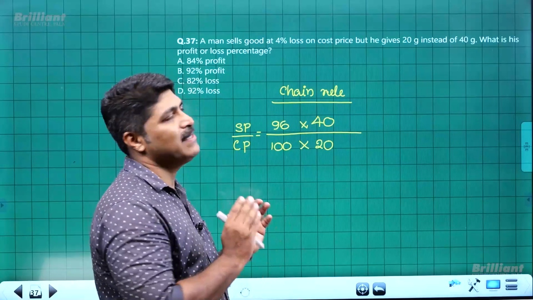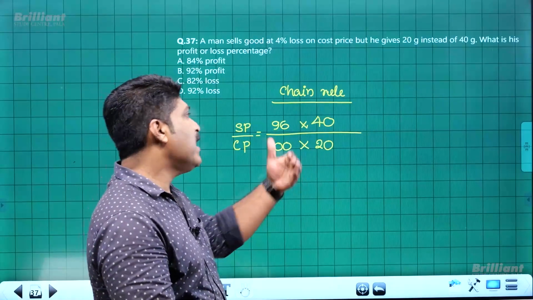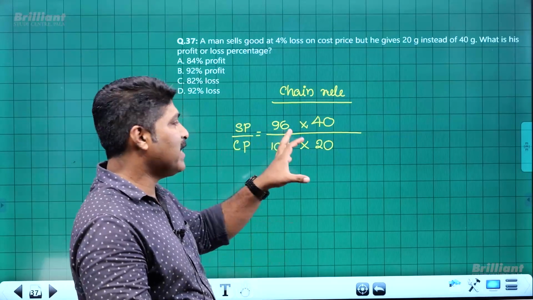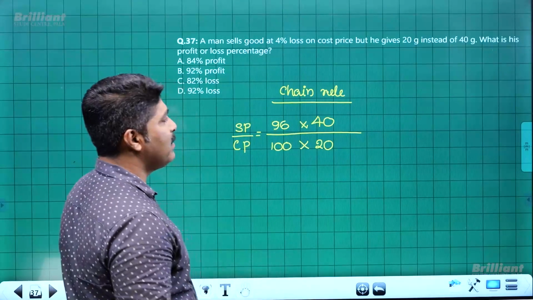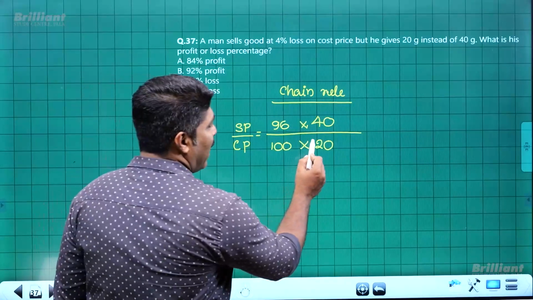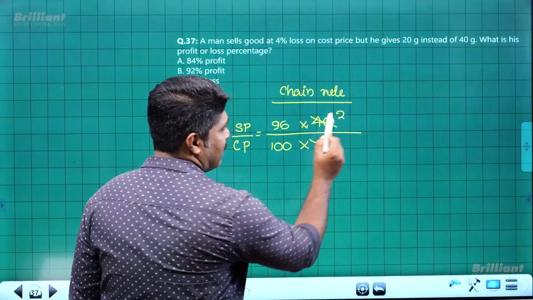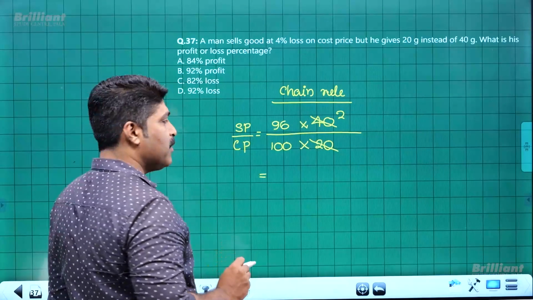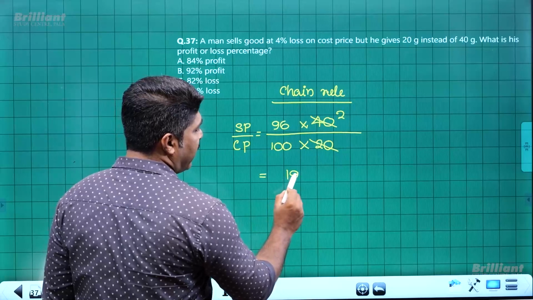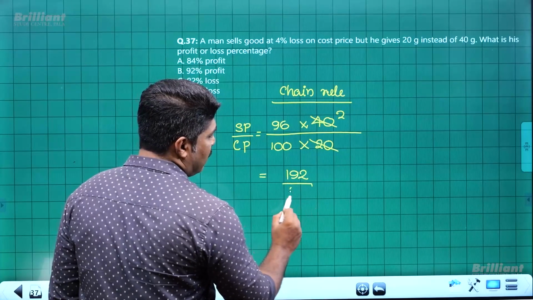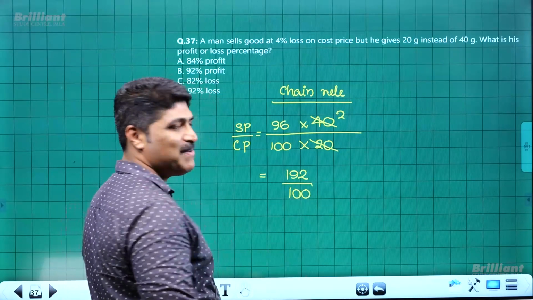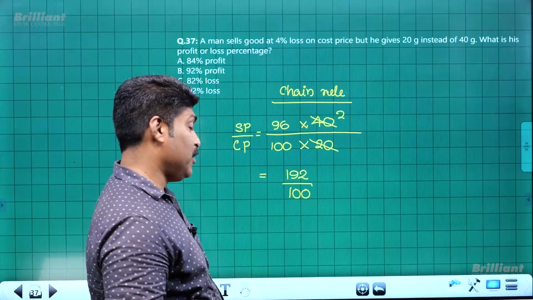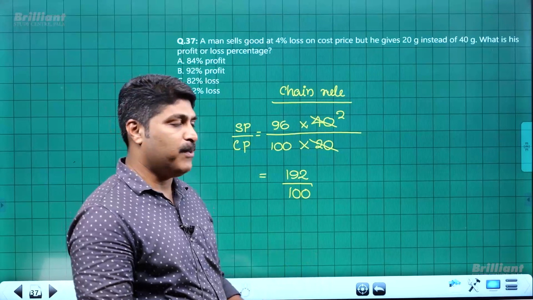Whenever we get such kind of successive variations, you can apply these concepts effectively here. So let's further simplify it. I am cancelling these two values, that's it. Then how much will 96 into 2 become? That is 192. I keep the denominator as 100 itself because 100 is a beautiful, convenient value while doing calculations of profit or loss percentage.